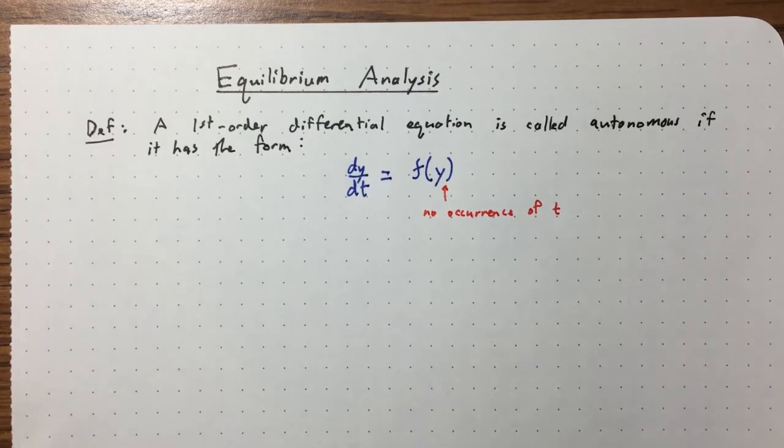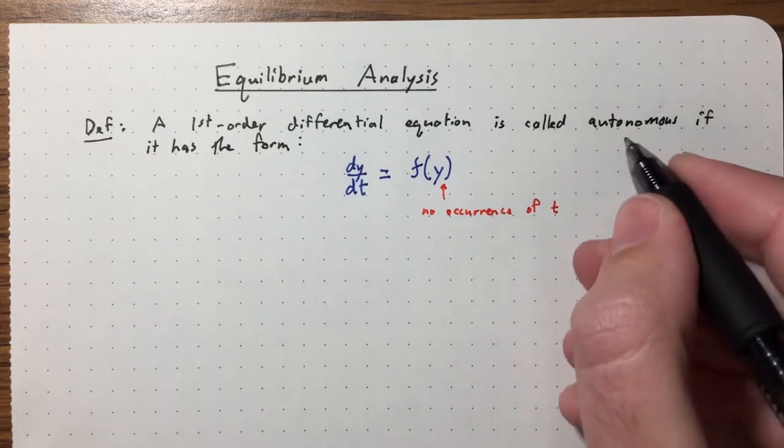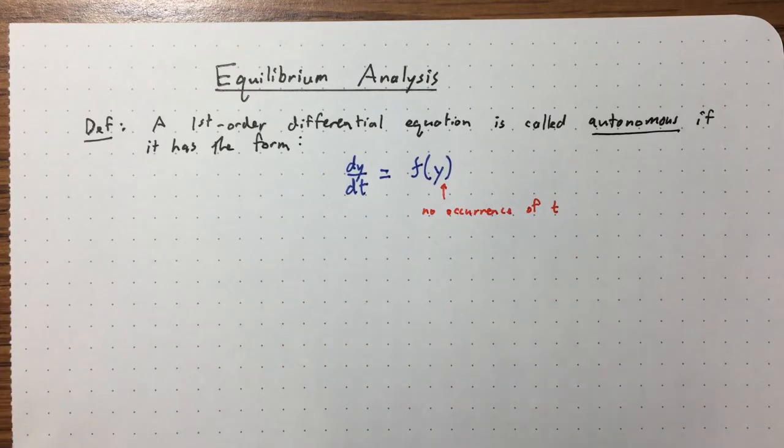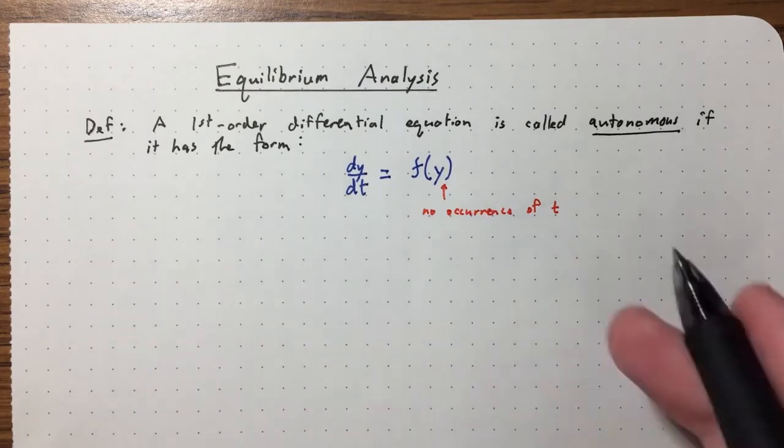And so I just want to say a few words about, what does this really mean to be autonomous? So I guess I told you mathematically what it means, but physically, what does this mean?